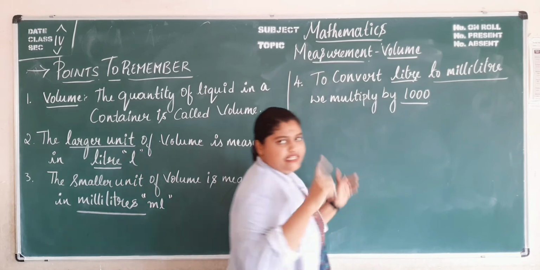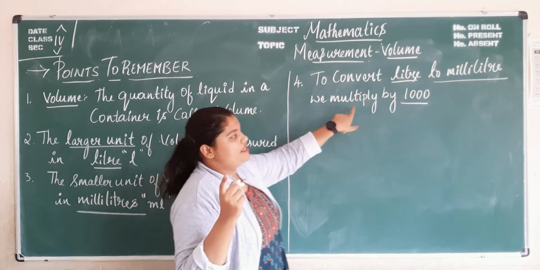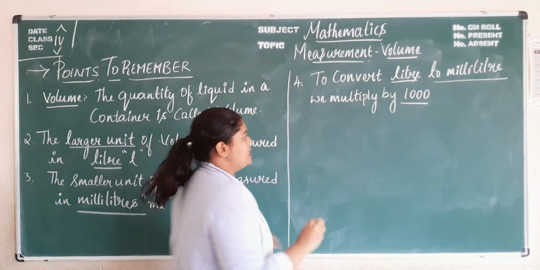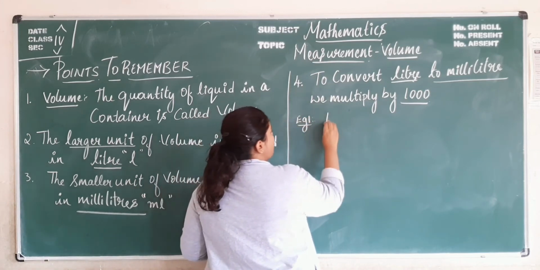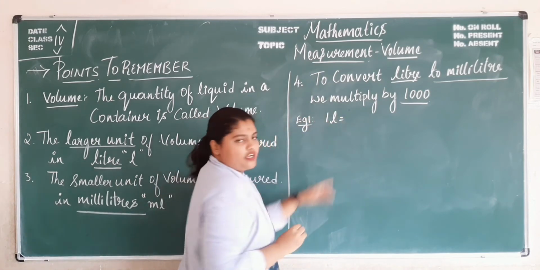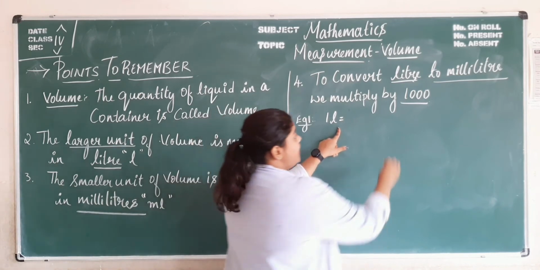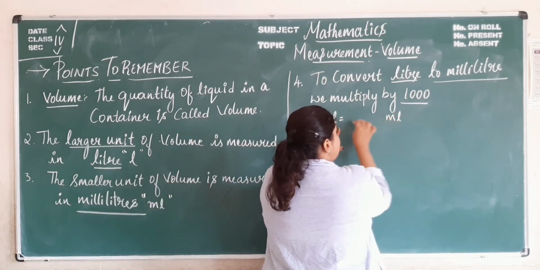So to convert liter to milliliter, we multiply by 1000. For example, if I take 1 liter, what should I do? To convert liter to milliliter, what should I do?